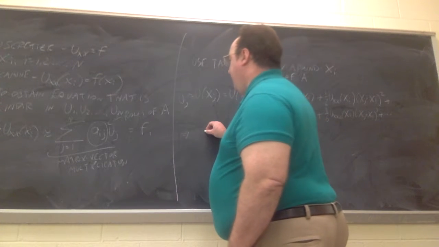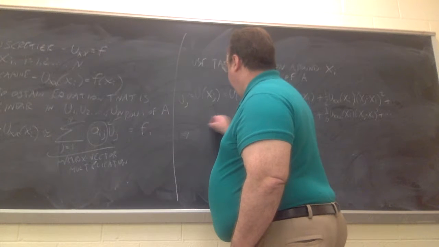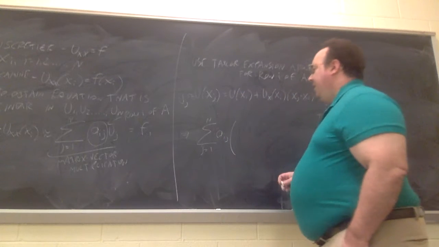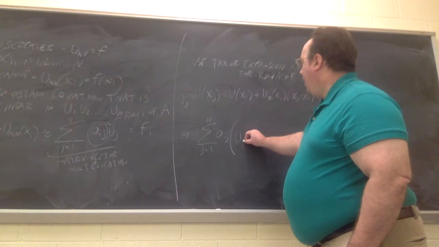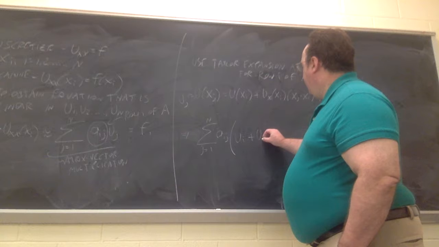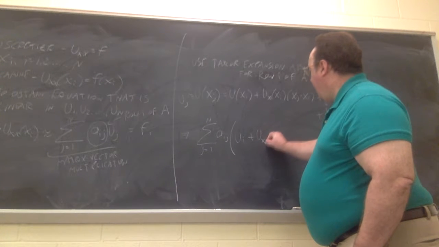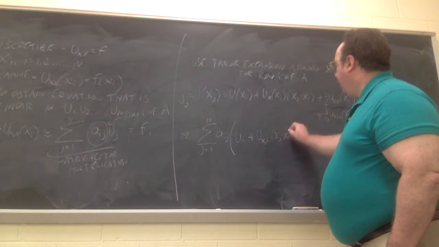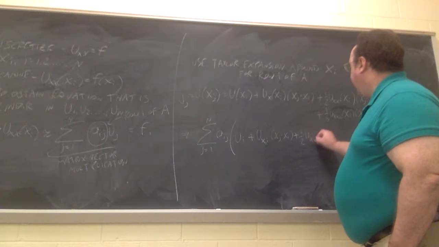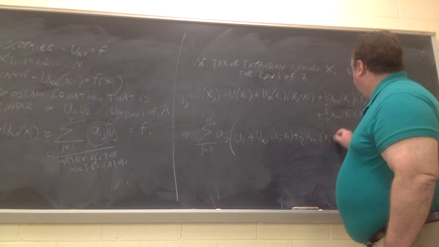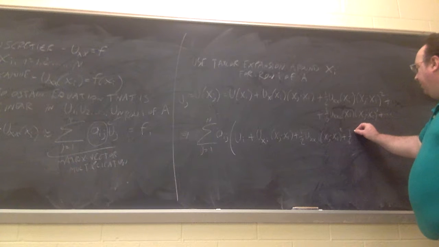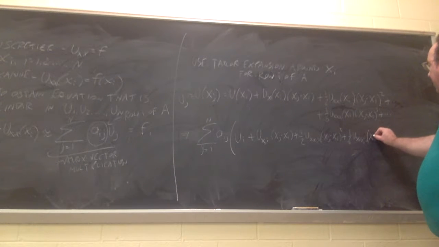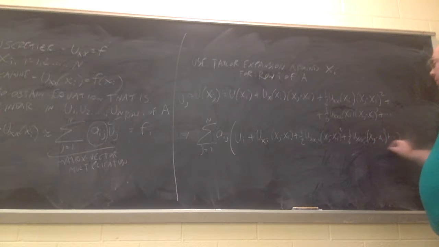So I'm going to have ui plus, using a shorthand here, uxi, so it's du dx at xi, times xj minus xi, plus 1/2 uxx at xi, plus 1/6 uxxx times xj minus xi cubed, and so on.